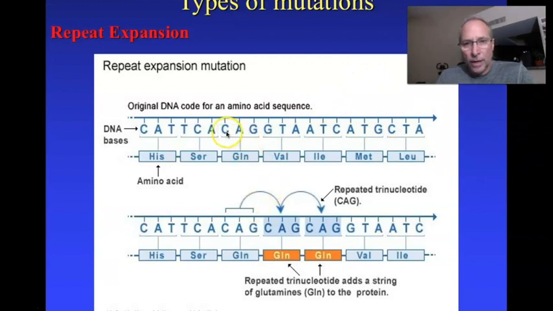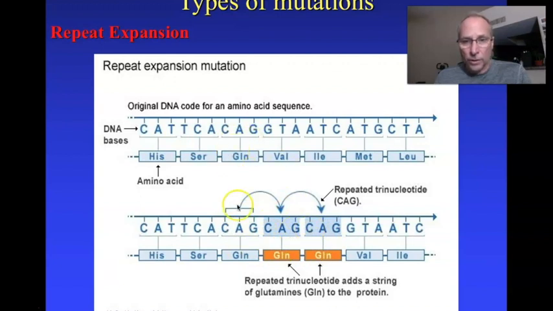And you see right here CAG, which codes for this amino acid, glycine, can be repeated, CAG, CAG, CAG. It makes a series of them, and that occurs when the DNA is being duplicated, and it's a mistake that occurs through a mechanism which I haven't talked about. But you can take these codons and repeat them over and over again, and you get these repeated sequences of codons that will then repeat this glycine.